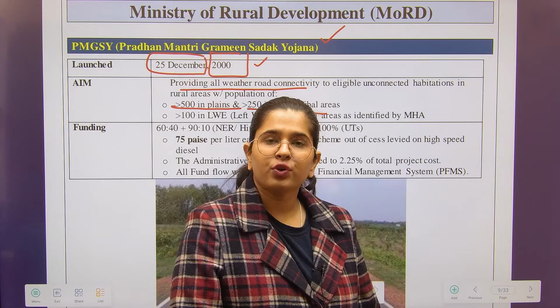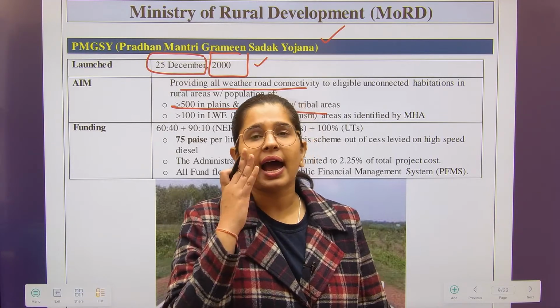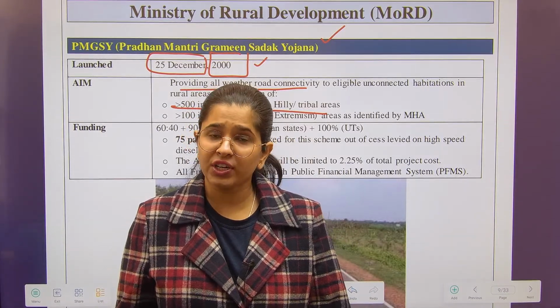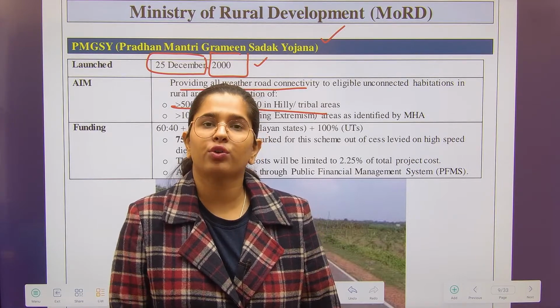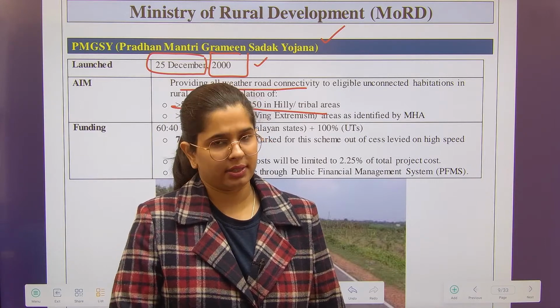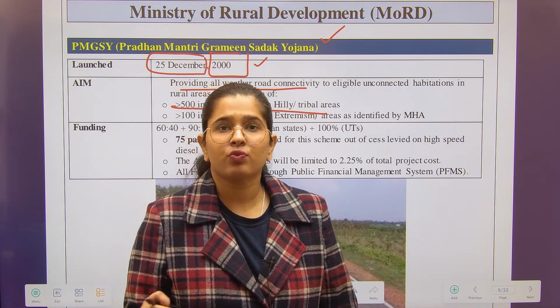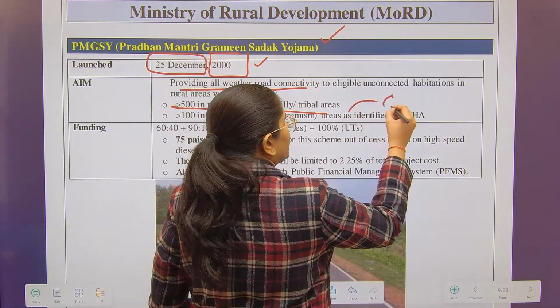There is an ideology, the Marxist ideology, through which these particular areas are impacted. They want to overthrow the government and establish the people's rule, but that is their ideology. You have to just remember the areas. So what kind of areas am I talking about here? I am talking about Chhattisgarh.